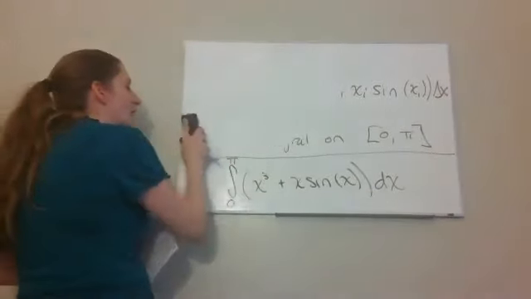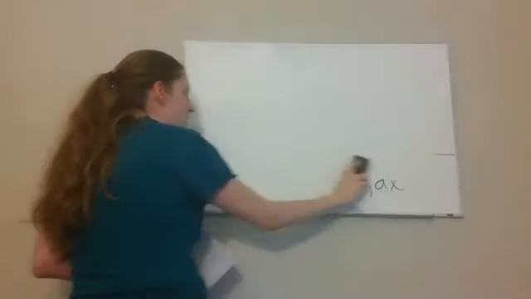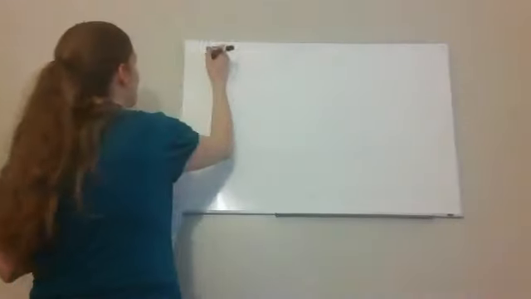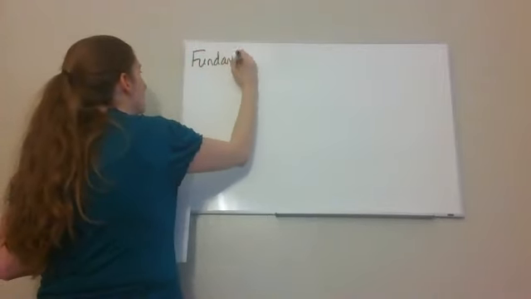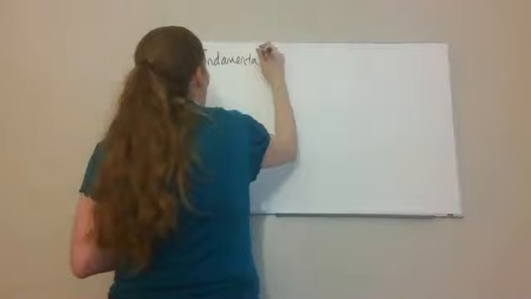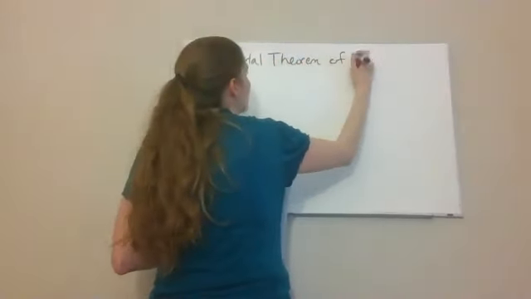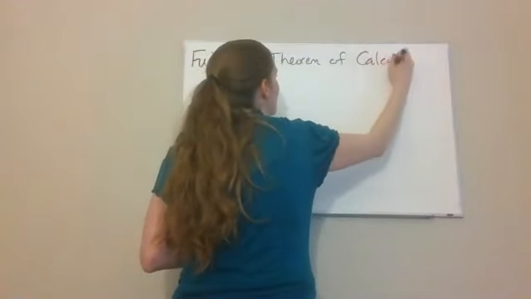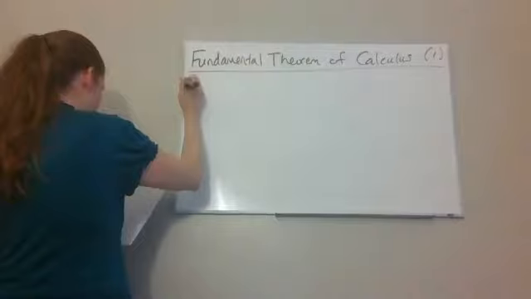All right, so let's get us our first extra bit of information on how to deal with these definite integrals. All we know so far is that they give us area. This is part of the Fundamental Theorem of Calculus. There are two parts to this theorem, and this is the first part.